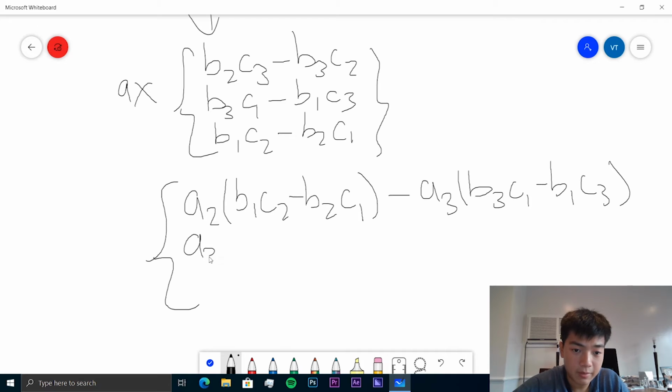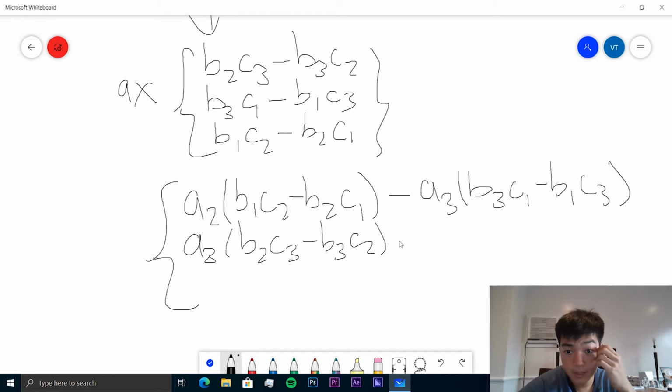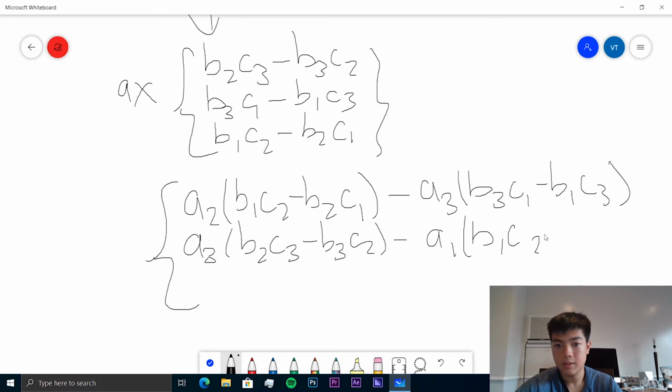Over here we have A3 times B1, so B2C3 minus B3C2. This is minus A1 times B3, which is B1C2 minus B2C1.